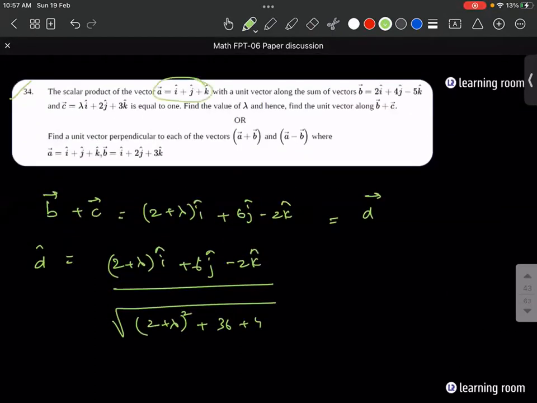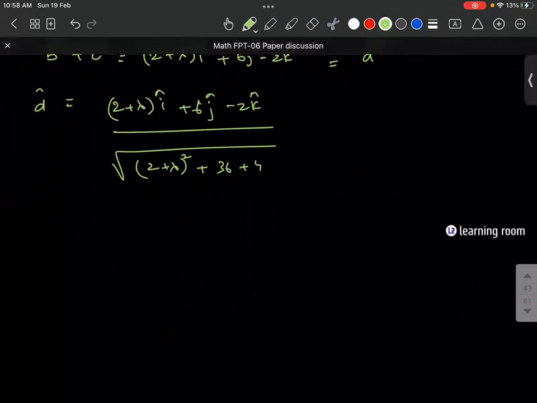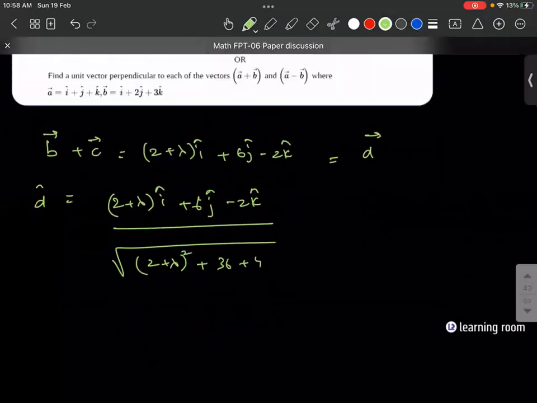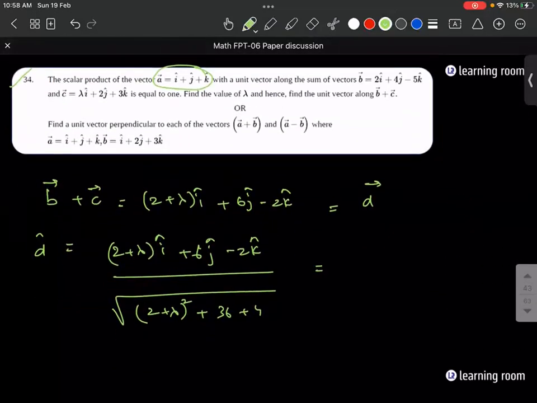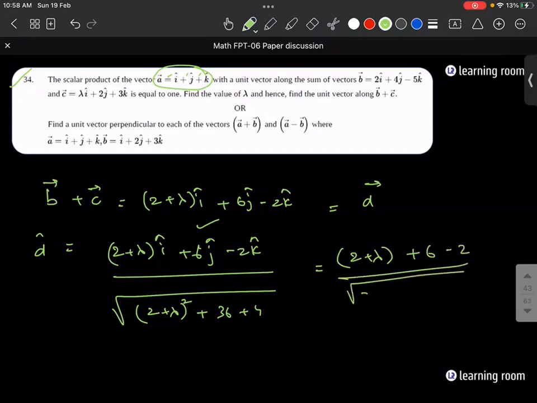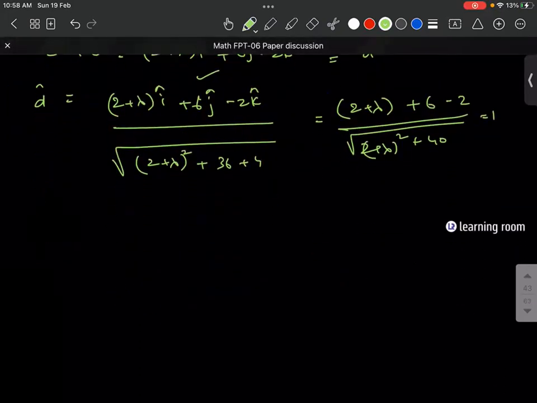This is a vector. The scalar product between them is equal to 1. So what will be the scalar product? That will be this vector itself, because the coefficients are 1. 2 plus lambda plus 6 minus 2, the whole divided by square root of (2 plus lambda) the whole square plus 40, is equal to 1.